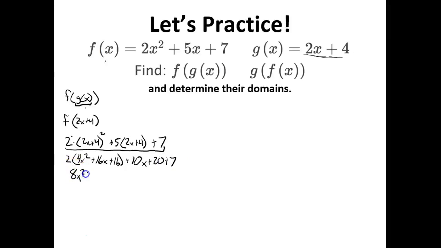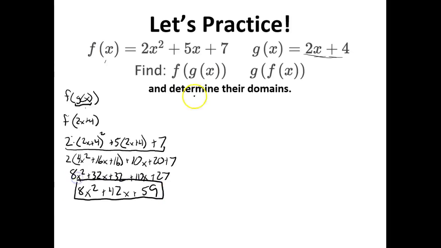We get 8x squared plus 32x plus 32 plus 10x plus 27. Combine like terms, 8x squared plus 42x plus looks like 59. So 8x squared plus 42x plus 59 is what we would get there.